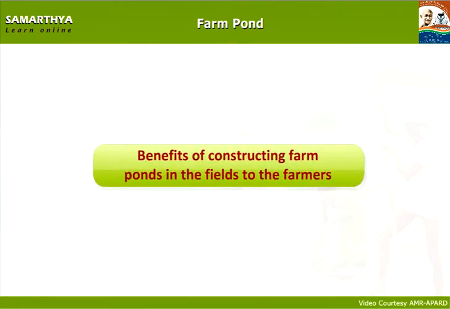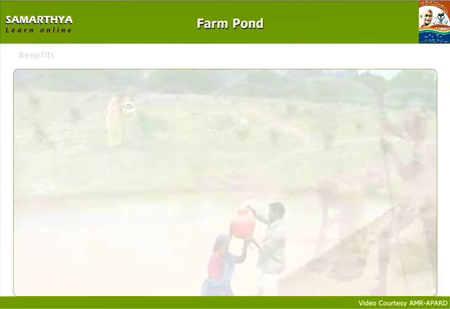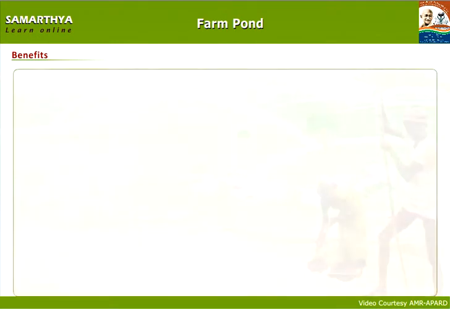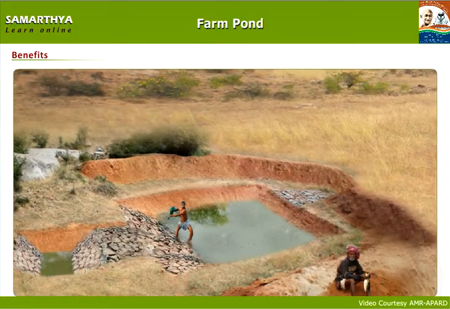Benefits of constructing farm ponds in the fields to the farmers. Rainwater stored in barren lands can be utilized for their fields or orchards when needed. Fish spawn can be cultivated in farm ponds constructed in fallow lands.